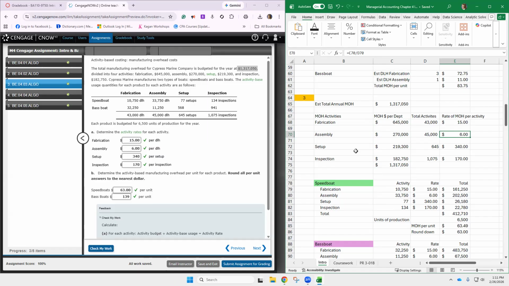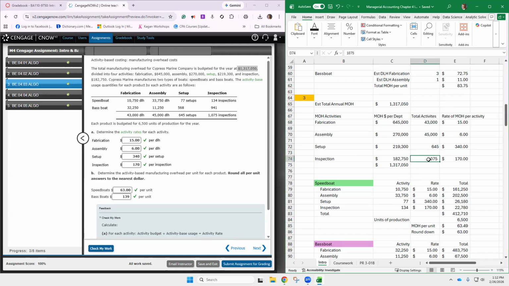Now with setups, there's how many there are, right? So here's the total amount for setups, and there are 645 setups in total, and that makes each setup cost $340 in overhead. And then finally, inspections.